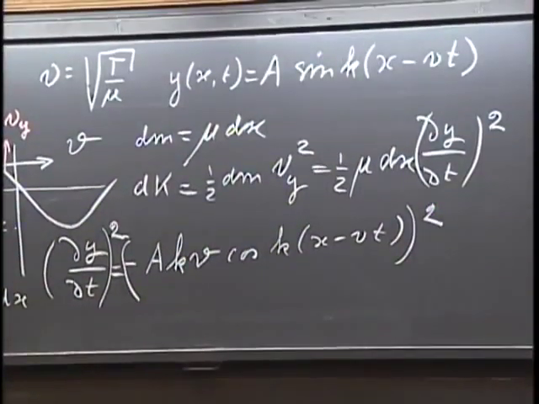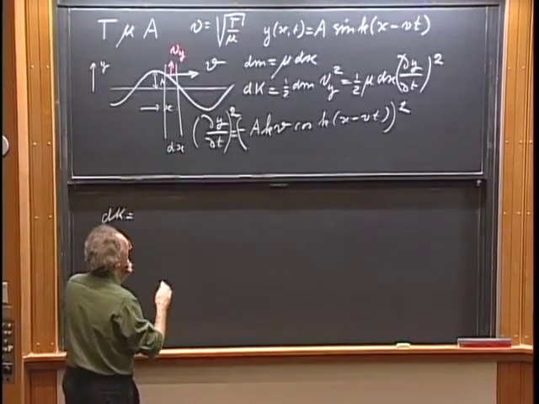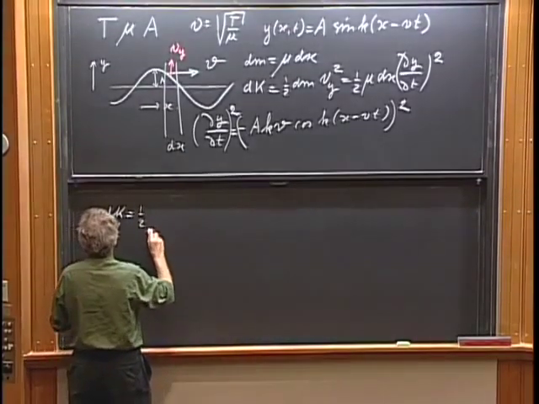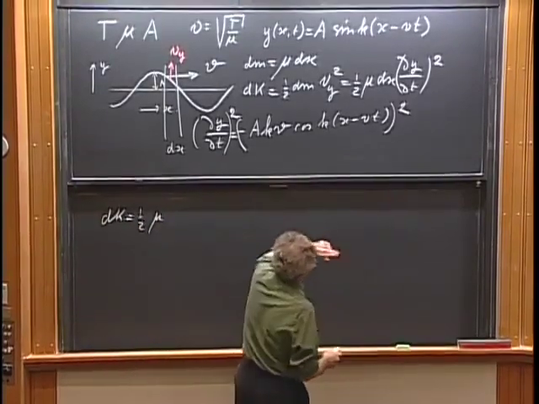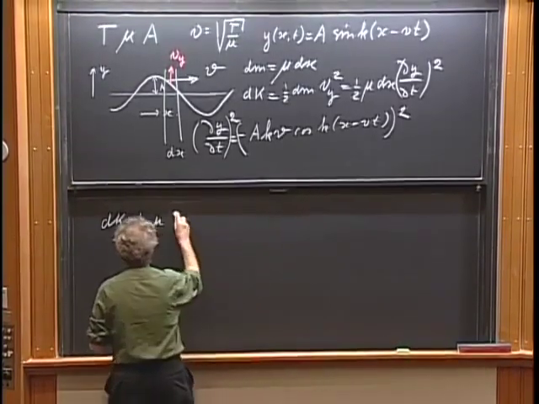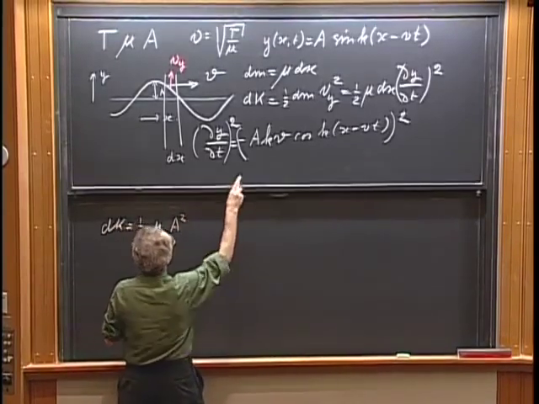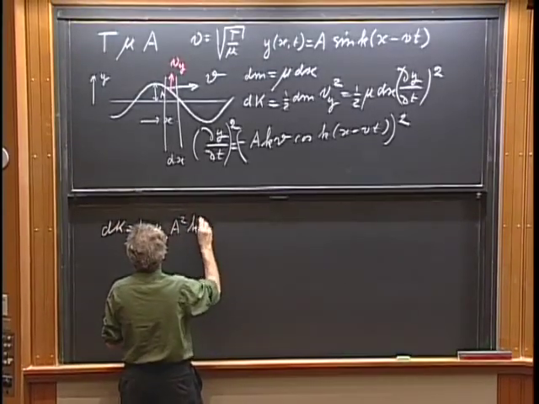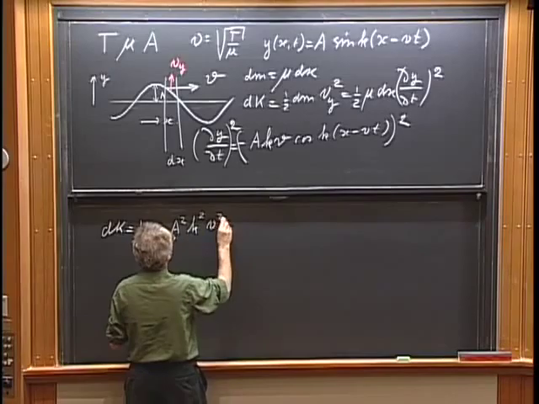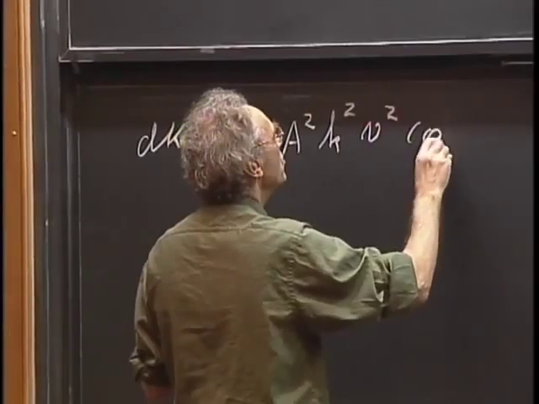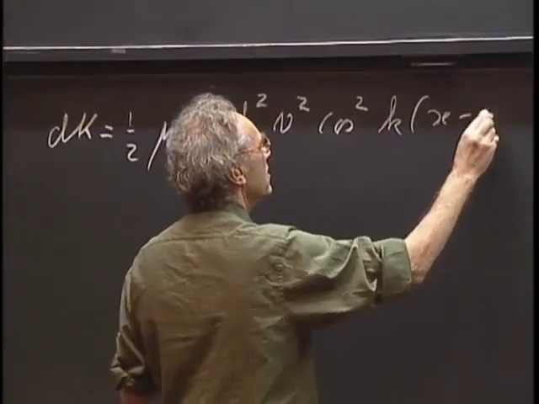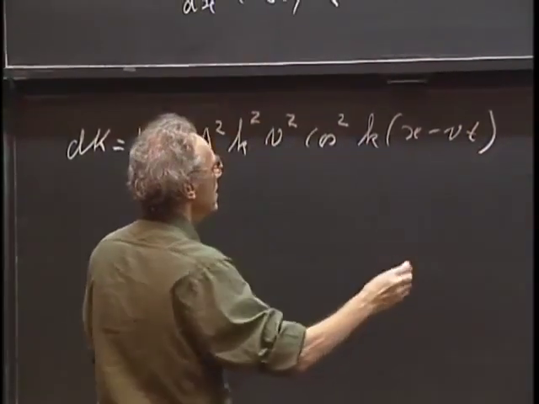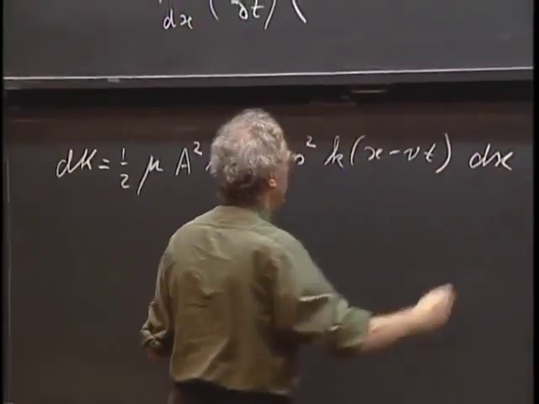So dK can now be written as 1/2 times mu, and I will leave the dx all the way at the end, and so I'll get A squared, I will get k squared, I will get v squared, and I will get the cosine squared of k times x minus vt, and then at the very end I get my dx.